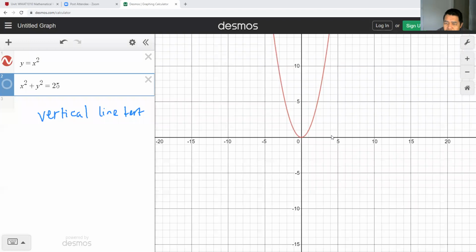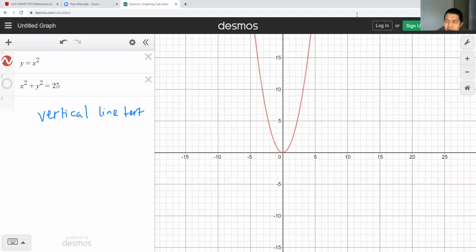You cut the graph with a vertical line. For example, now I will plot a vertical line like this, and you see the line only cuts your graph at one point. If you plot another vertical line here, it also cuts at one point.